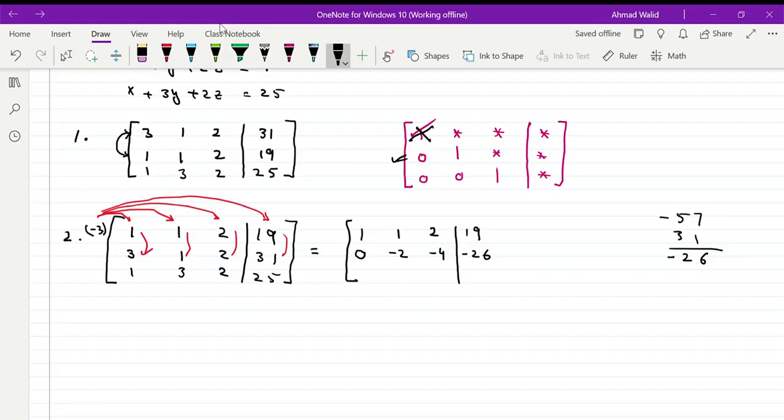In your book, they did both operations. They want to change the next number in column 1 also to 0. You can go that way or you can go step by step. Which way is easier for you? Just follow that method, correct?